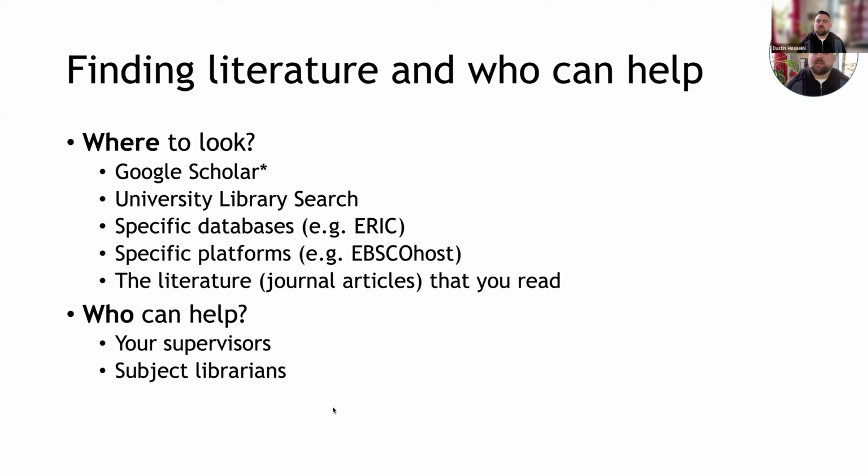In this case, you'll need to go through your university library search through the online portal, as this will allow you to search specific databases, specific platforms, and of course, specific literature. And we're going to talk about specific databases and platforms because it's very important to understand the differences between these two, especially if you want to make your search reproducible.